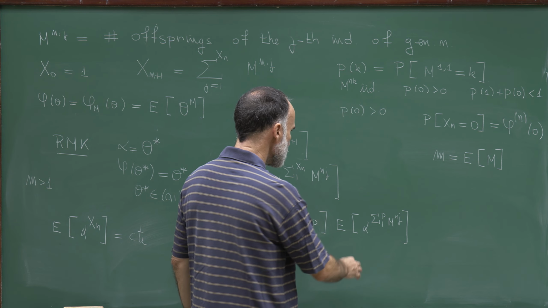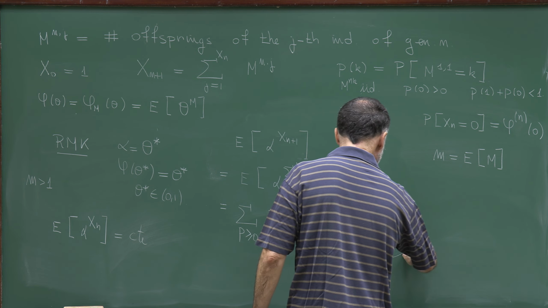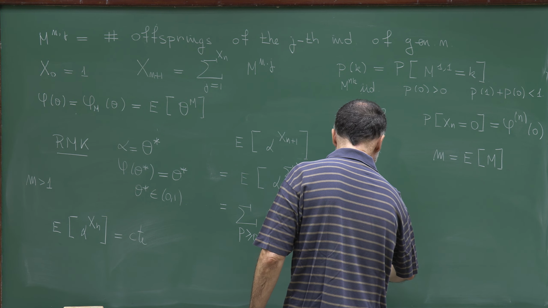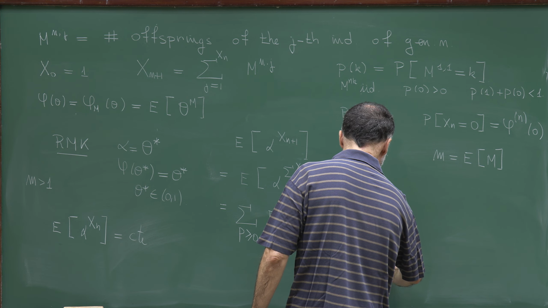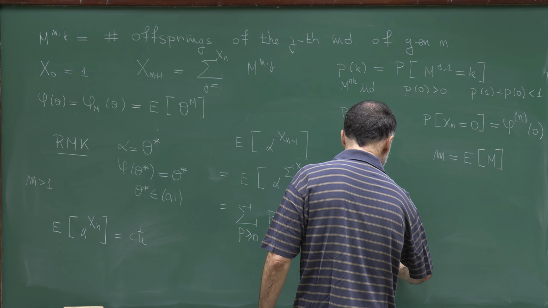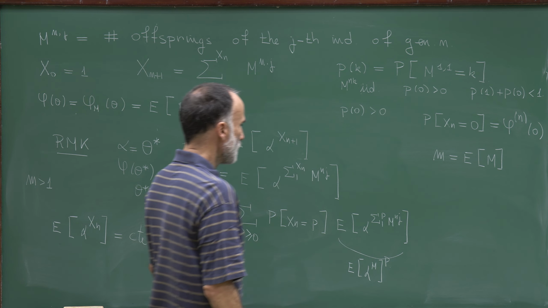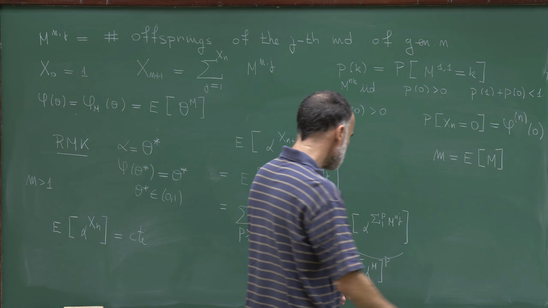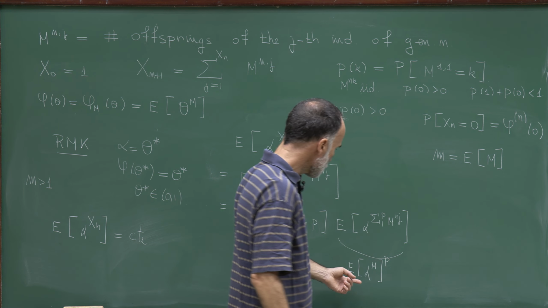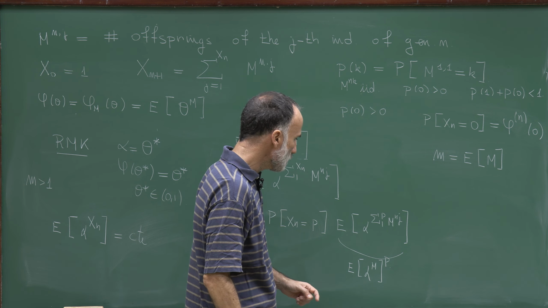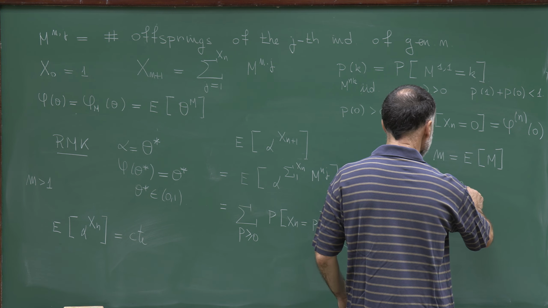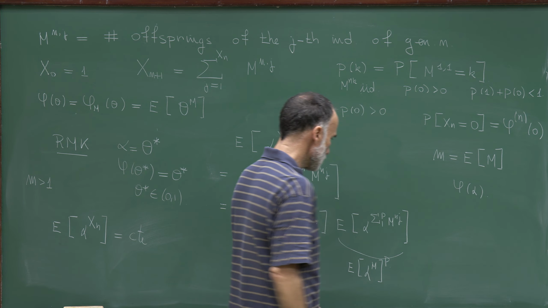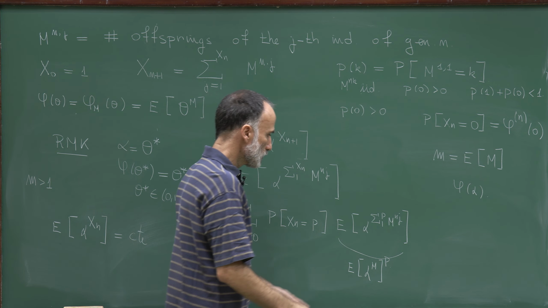Right, but this is equal to the expectation of alpha m to the power p. What appeared here is exactly the expectation of alpha to the power m, but this is phi of alpha, by our definition of alpha.